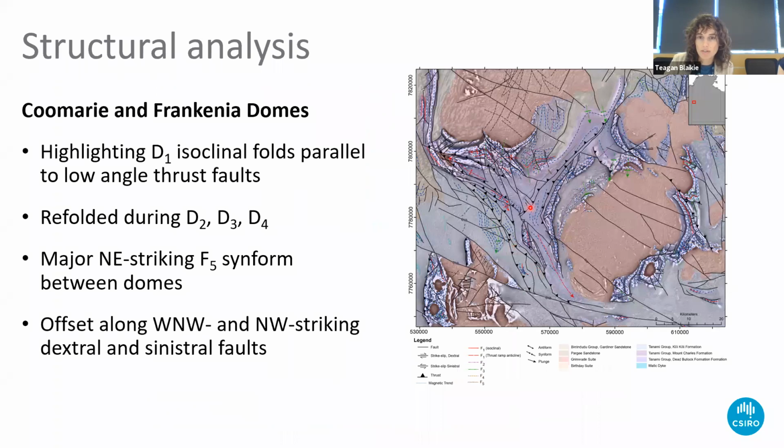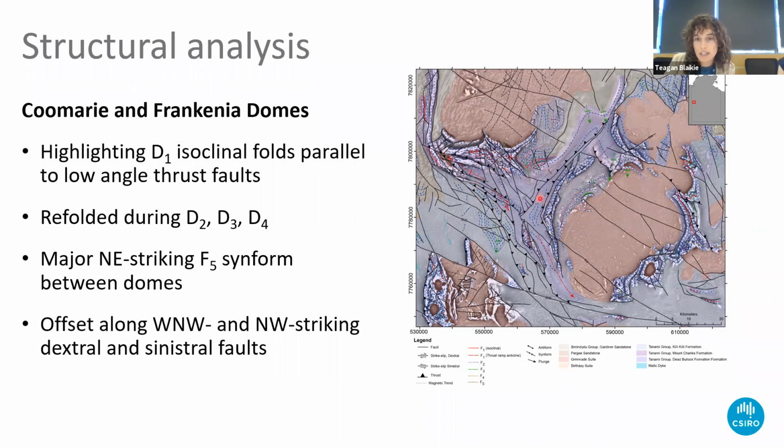They're associated with the development of thrust ramp anticlines that plunge both to the southeast and northwest. They're associated with the development of very low angle thrust faults, developing parallel to the magnetic strata within the region.